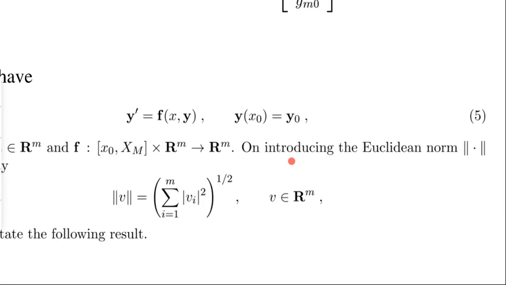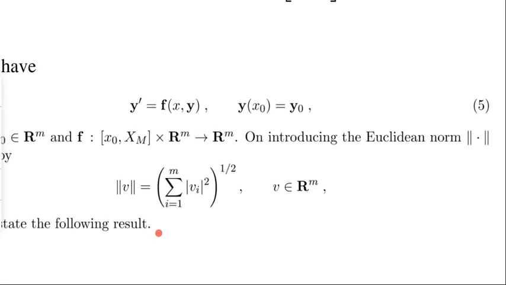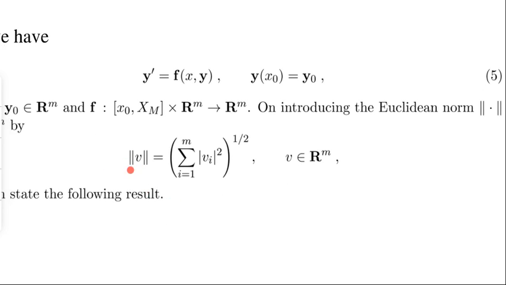Here we will introduce this Euclidean norm for any m-order vector V in Rm, defined based on the elements of this vector. In other words, here V will be this vector V1 to Vm.